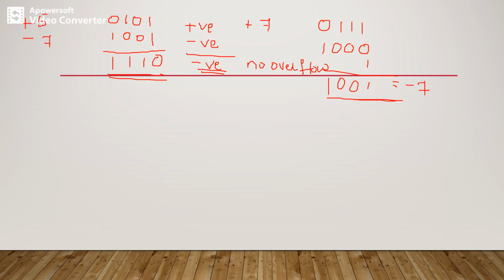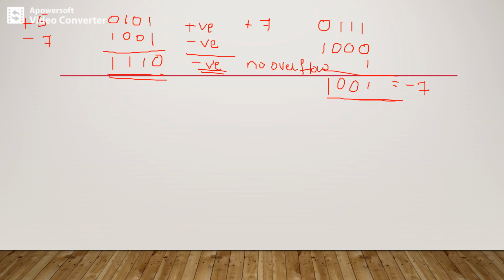So overflow may occur if you are adding any two same sign numbers, either positive or negative. If you are adding two positive numbers, the result may be negative, or else if you are adding two negative numbers and the result may be positive, then only overflow may occur.